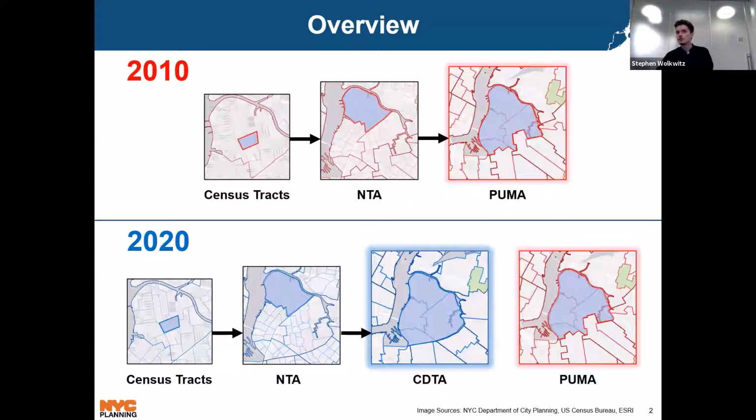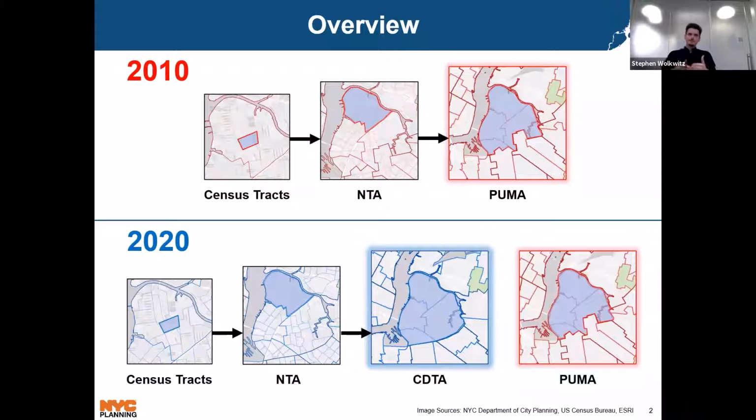And if you aren't familiar with any particular acronym that you see here, don't worry, because I'm going to explain it all as we go. And those neighborhood tabulation areas in turn nested within PUMAs, public use microdata areas, which the Census Bureau publishes, but in New York City, they roughly line up with our community districts. And I'll talk about just how rough that relationship really is.